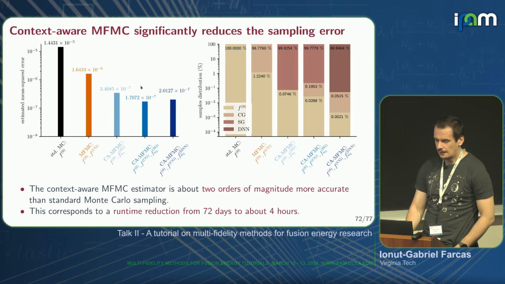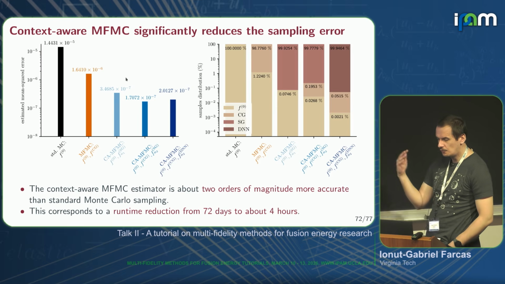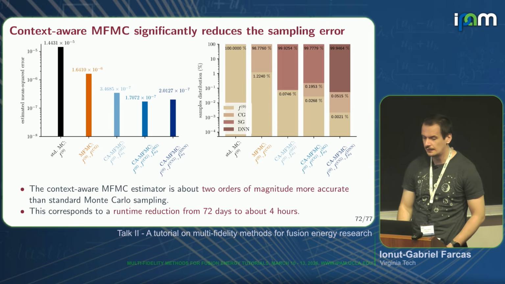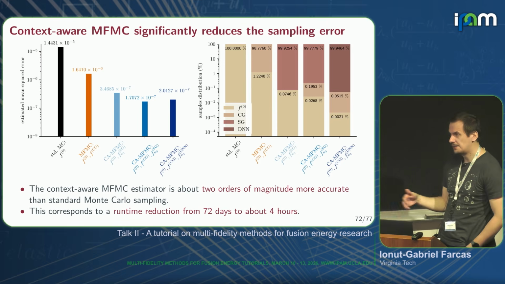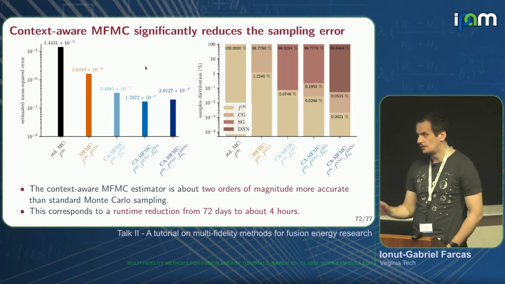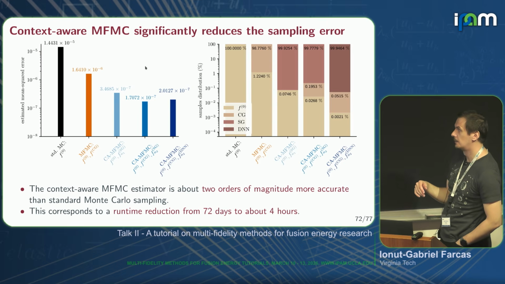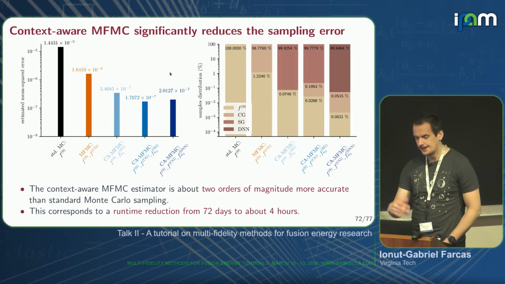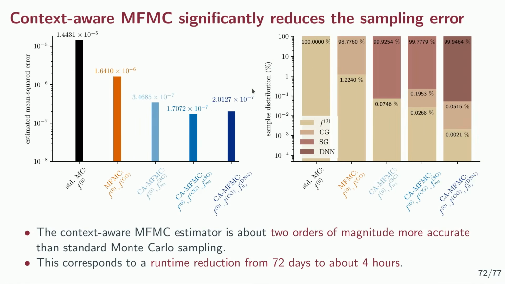And what we can observe is that when we move to the estimators that include the context-aware data-driven models, we decrease the variance by roughly 2 orders of magnitude. So even using, for example, the deep network model that on its own is not necessarily very useful, in this multi-fidelity setting, it can lead to substantial variance reduction. And again, on the right, I showed the distribution of samples among all models.